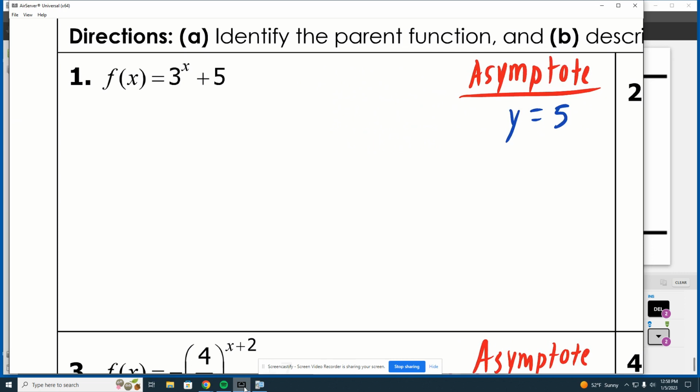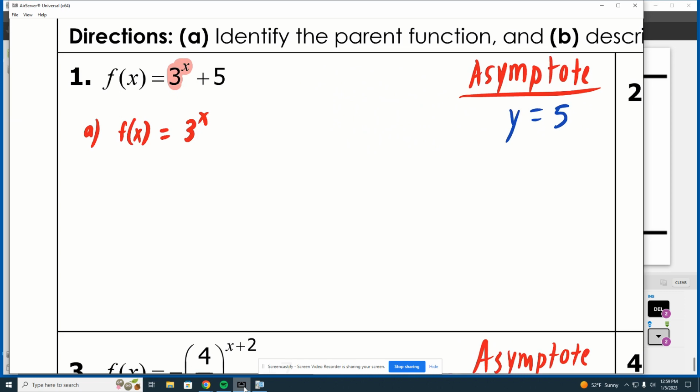First, what I want you guys to do is identify the exponent and its base. That is the parent function. So what's the parent function on this problem? 3 to the x power. Anything that is not 3 to the x power is a what? Transformation, right?